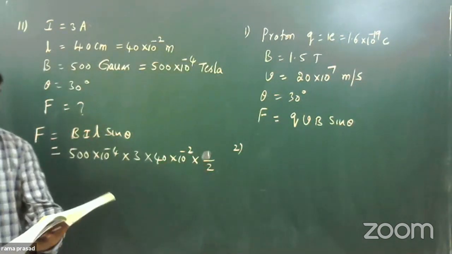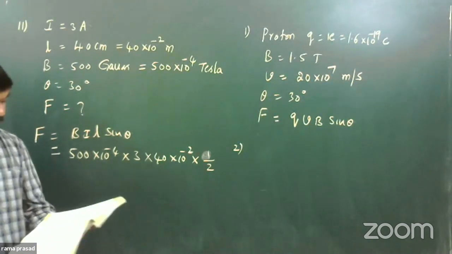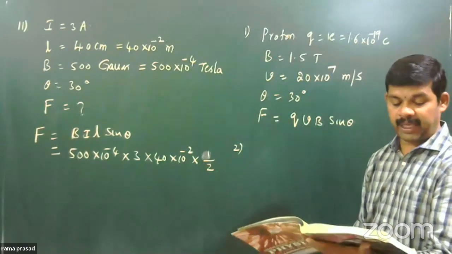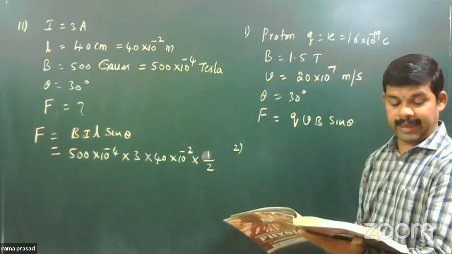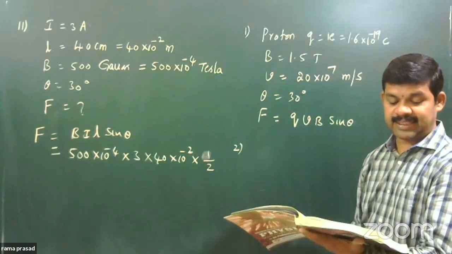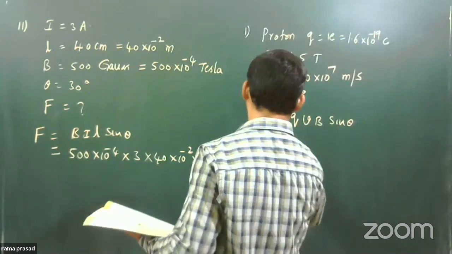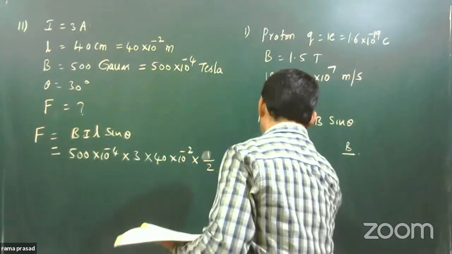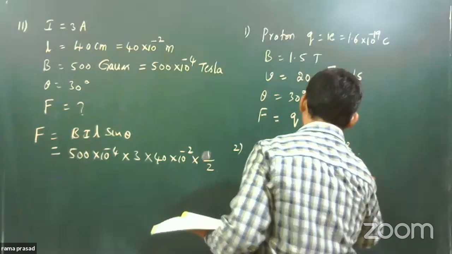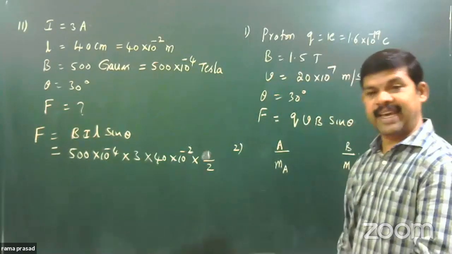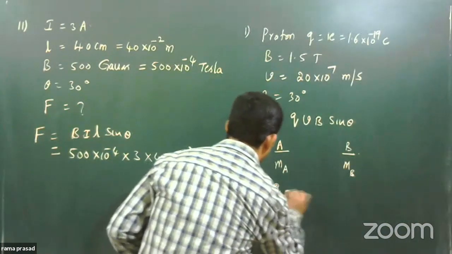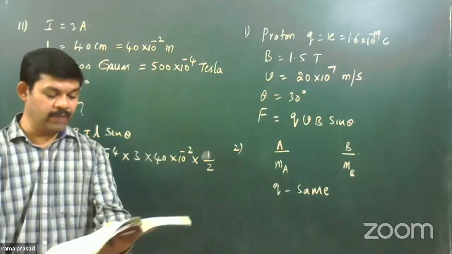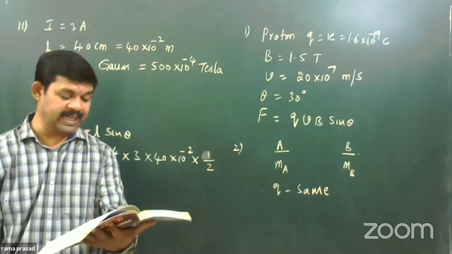See that second problem. Two particles A and B of masses MA and MB respectively, and having the same charge Q, are moving in a plane. A uniform magnetic field exists perpendicular to the plane.